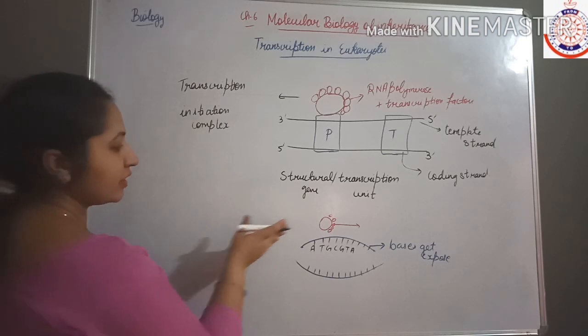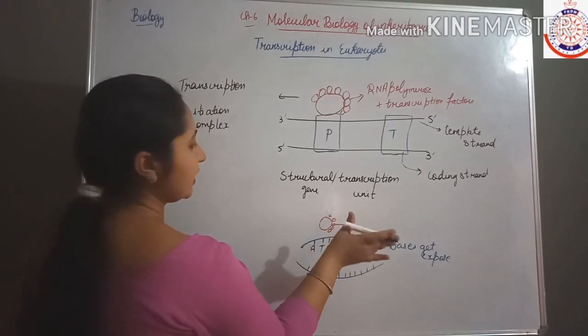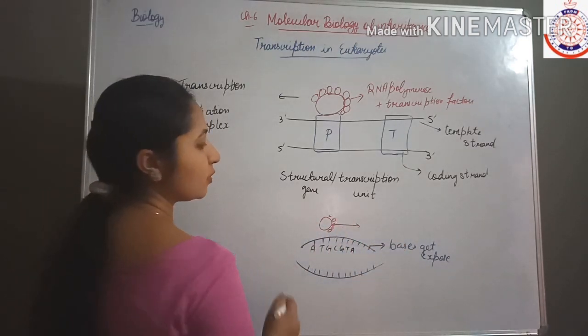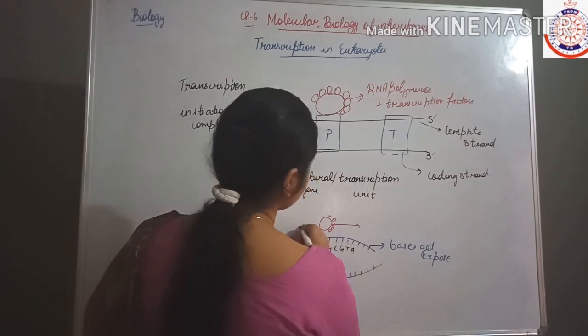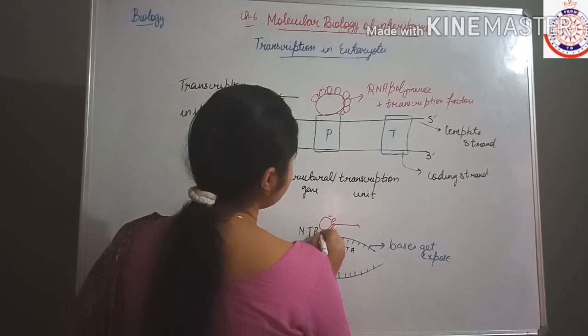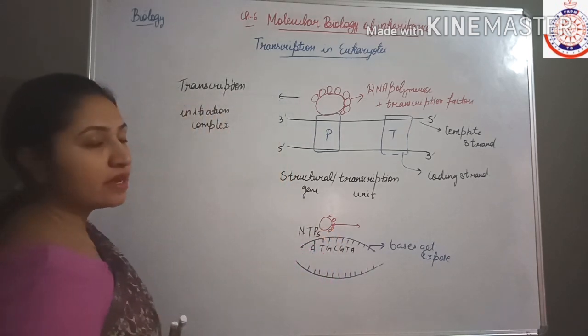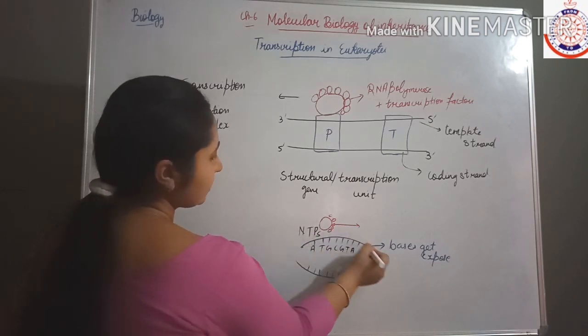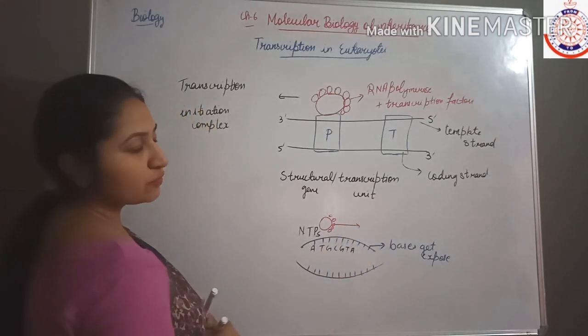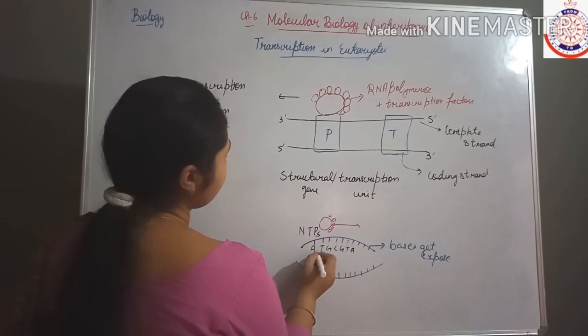As the RNA polymerase moves over the DNA helix, the bases get exposed, and then the NTPs, the nucleotide triphosphates, add on the basis of complementary base pairing.